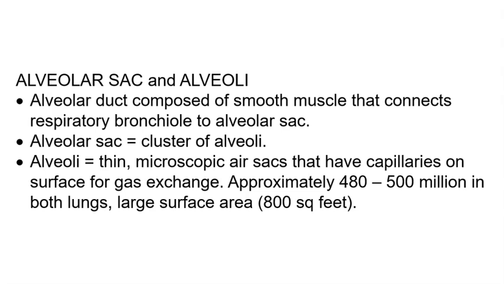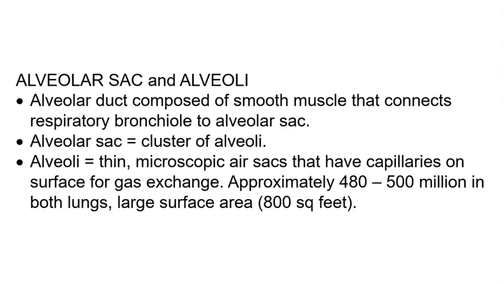Looking microscopically now, we'll examine some of the structures of the respiratory zone, specifically the alveolar sac as well as the alveoli. The alveolar sac is really just a cluster of alveoli.